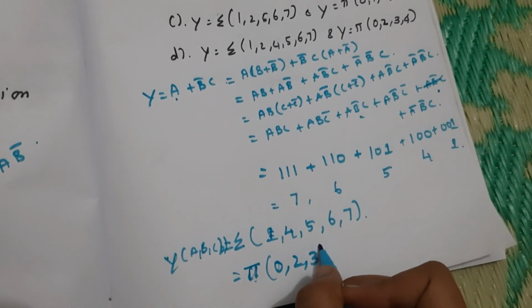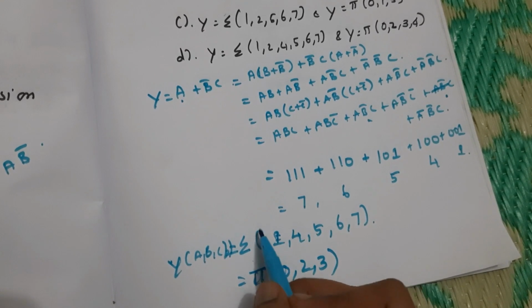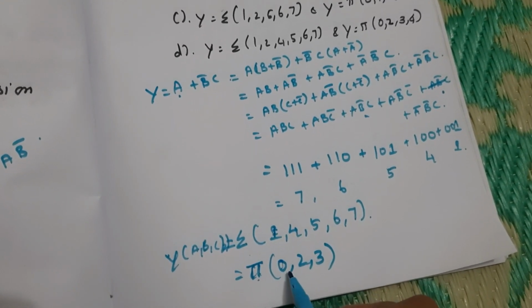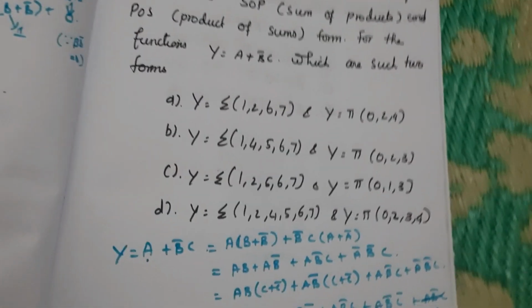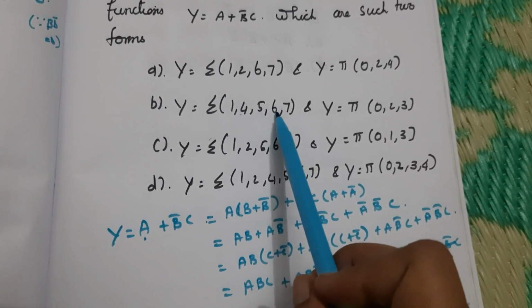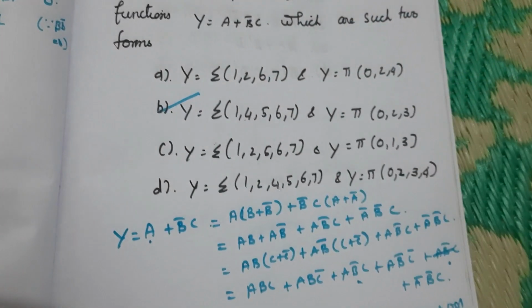So only 0 2 3 is missing. So the summation of min terms is 1 4 5 6 7 and the max terms are 0 2 3. So here the answer is summation of 1 4 5 6 7 and product of 0 2 3, and here the answer is B.